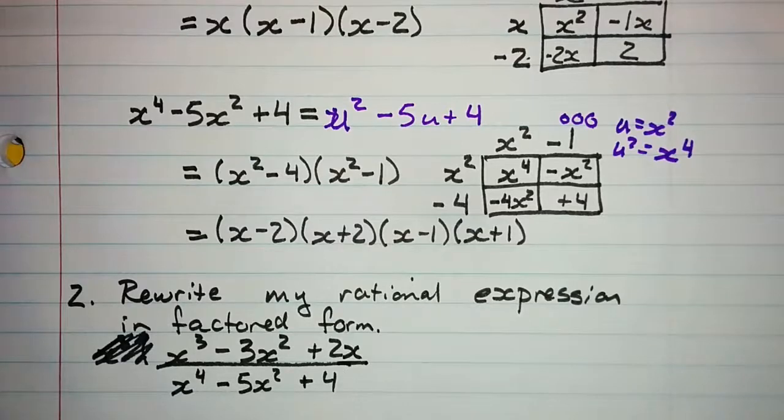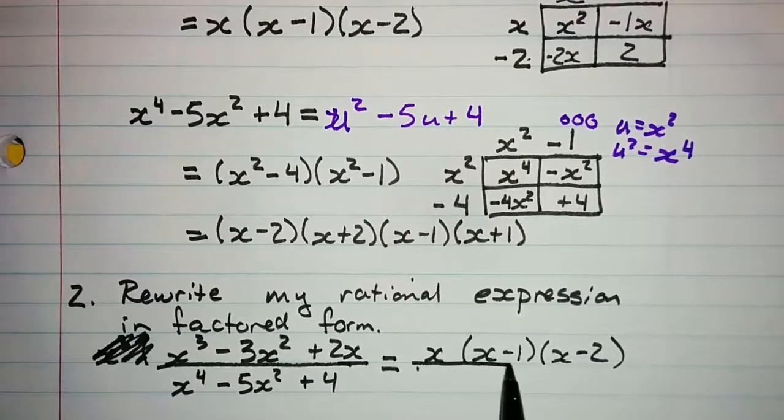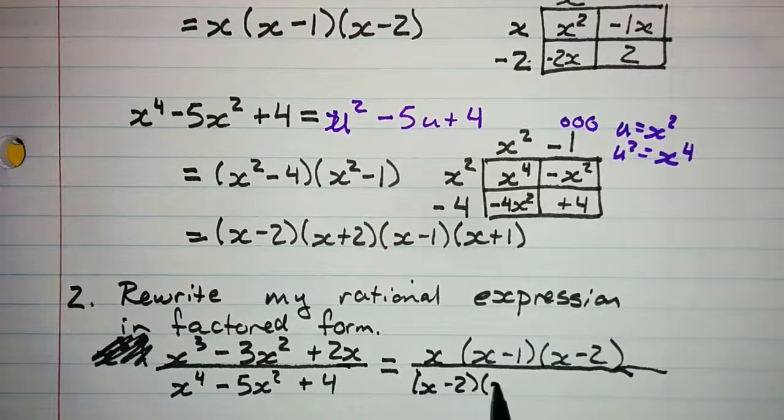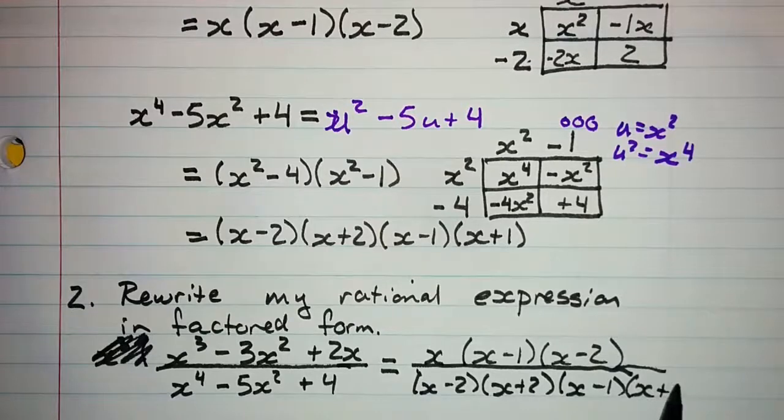Excuse me, I had a 2x in the numerator. In factored form, that will be x times x minus 1 times x minus 2 over x minus 2 times x plus 2 times x minus 1 times x plus 1.